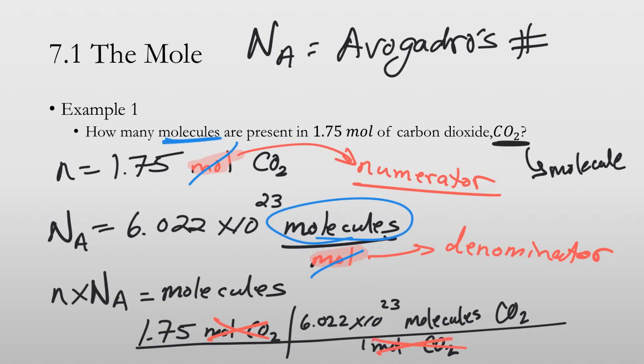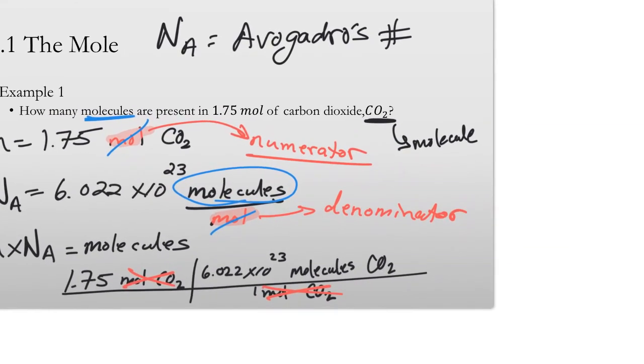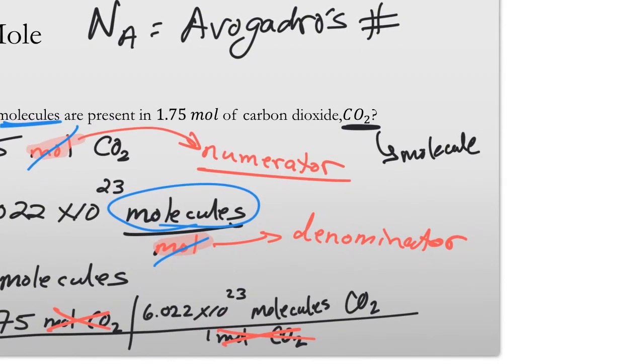And when we do that calculation, we get 1.05 times 10 to the 24th.